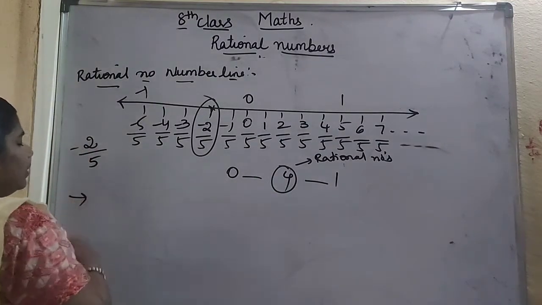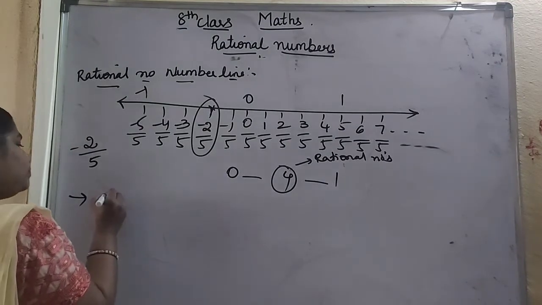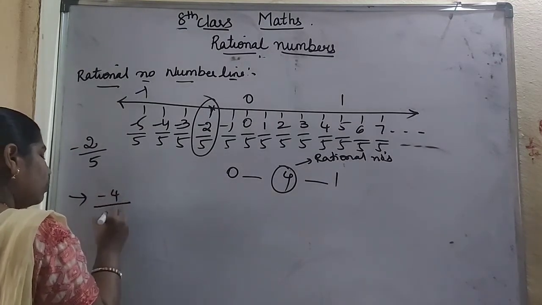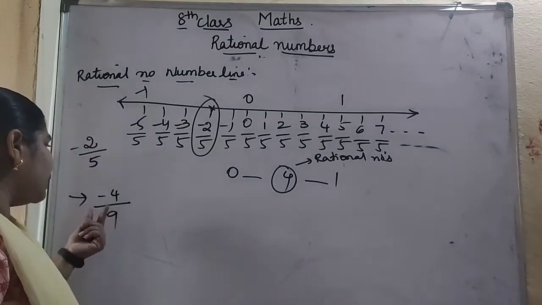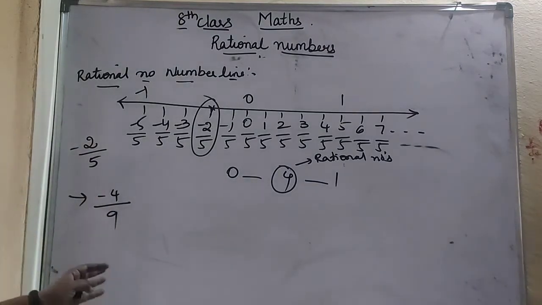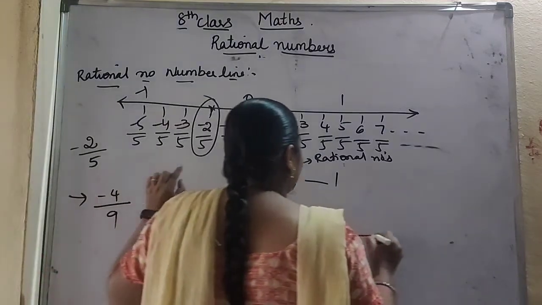One more example we will take. I am taking minus 4 by 9. I want to represent this minus 4 by 9 on a number line. So how to draw the number line?